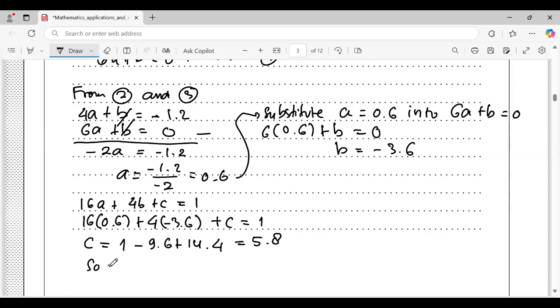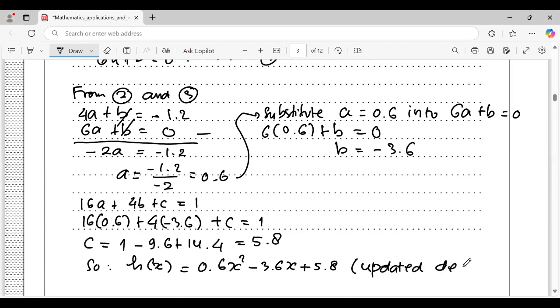So based on the values of a, b, and c, h(x) equals 0.6x squared minus 3.6x plus 5.8. So this is the updated design.